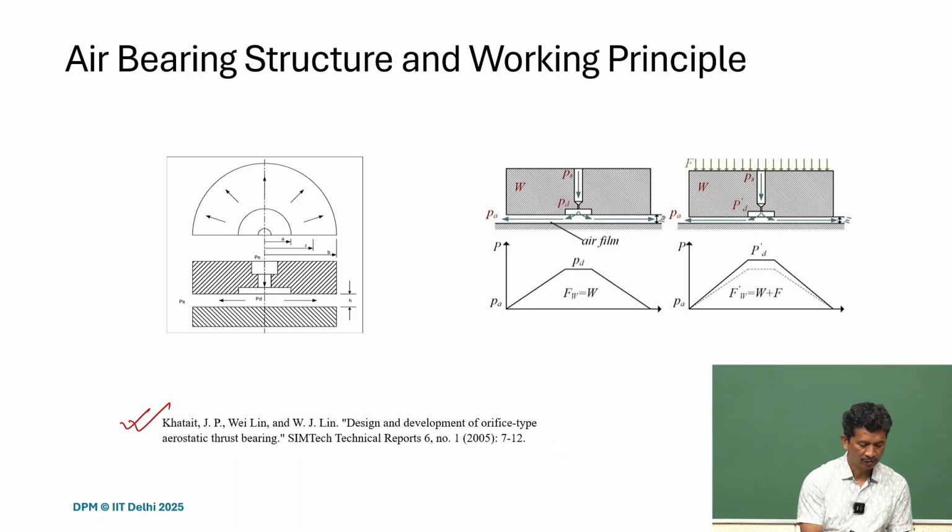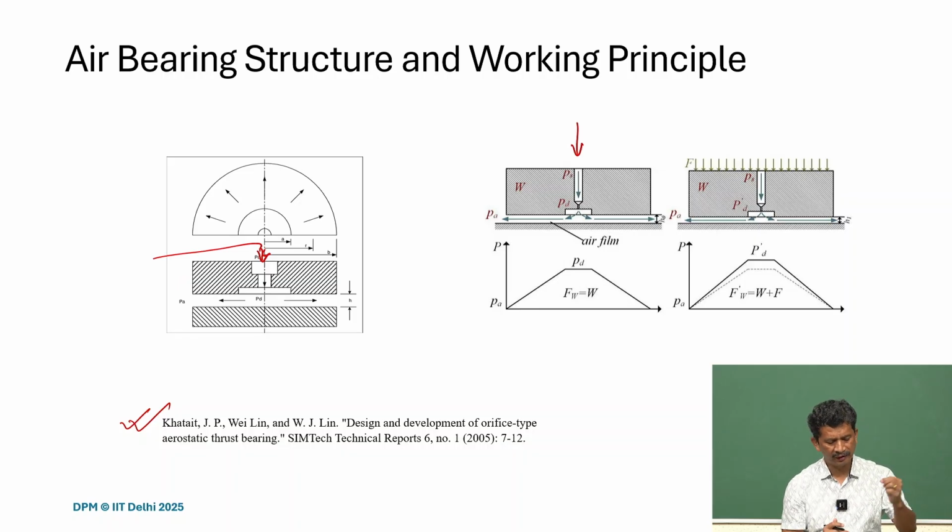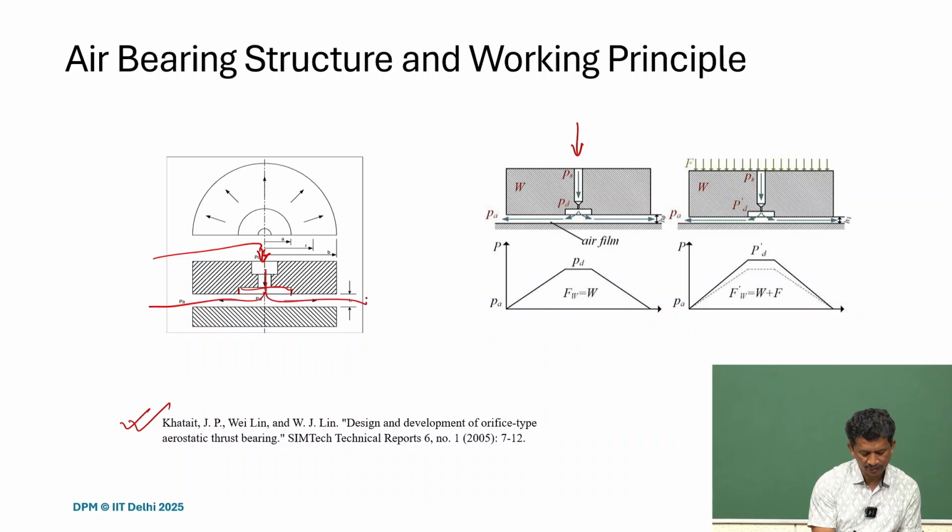So, here what we have is pressurized air fed. Here we can see there is an inlet pressure, and there is a pocket inside, and here we have a groove, a central pocket, and there is a restrictor here, and then the air is passed through.